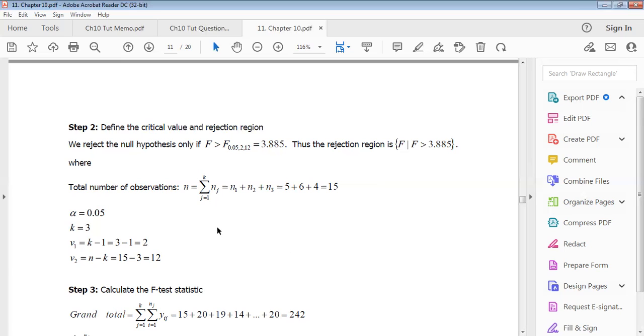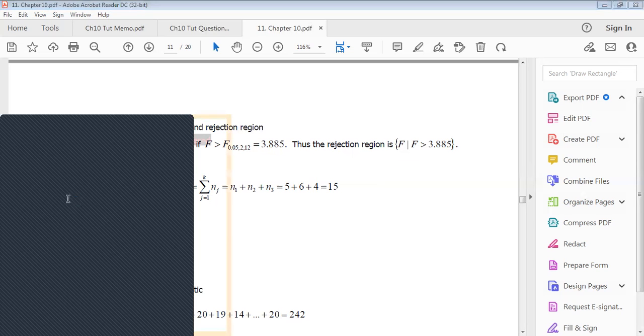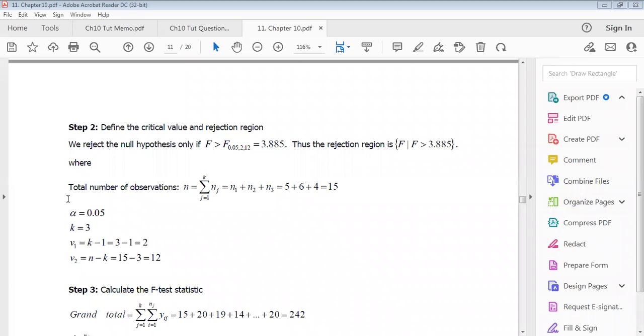Let me check if I can download it on Google. Okay, let me just send this one. So I sent you the F table on the chat. Did everyone receive it?